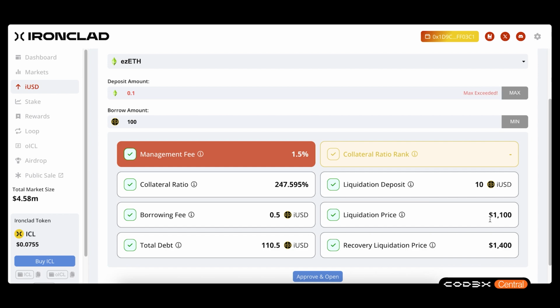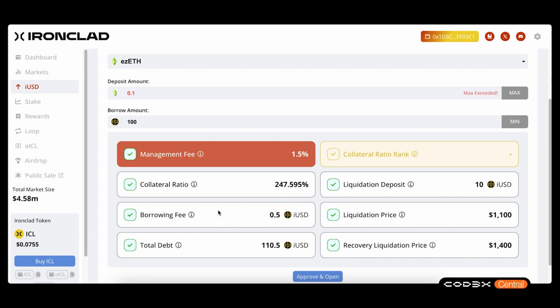So if it hits this number, obviously I'll keep the IUSD that I borrowed, but my collateral will be sold, and I'll lose my collateral. So yeah, this number you have to pay attention to, because you need your position to be well collateralized, and for volatile assets, their prices are always fluctuating. So depending on your risk tolerance, you like to stay well above the minimum collateral ratio, so as to not get liquidated.